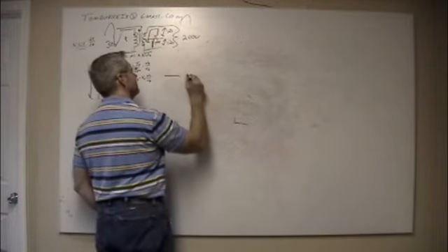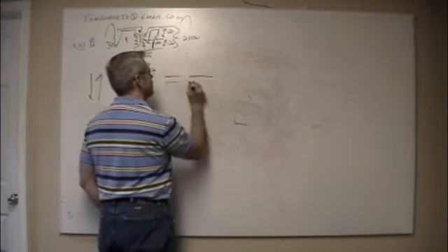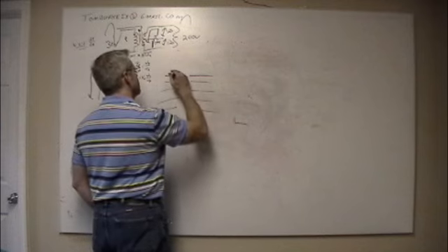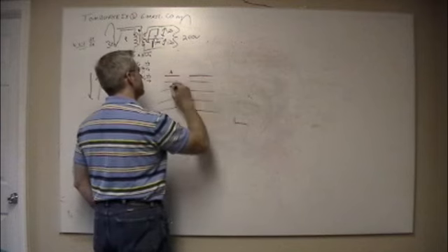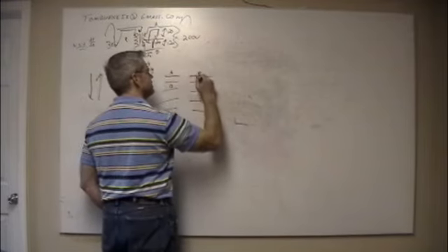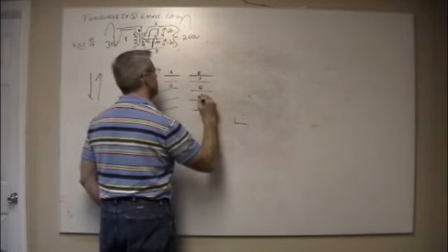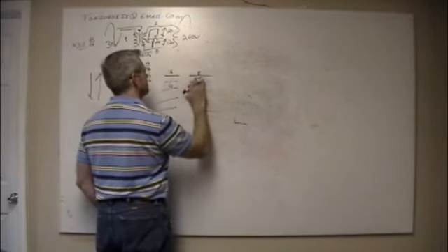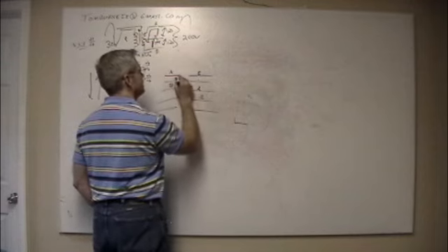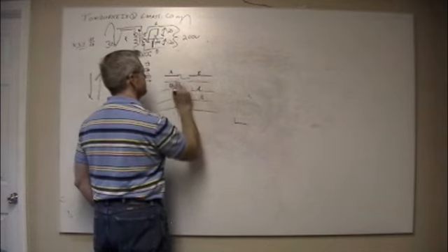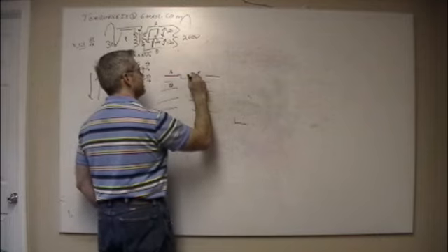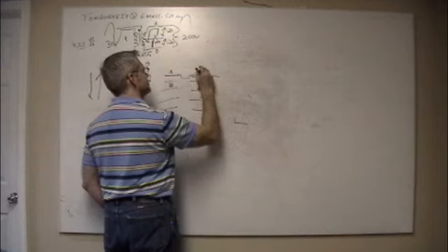This is A, that's B, that's B, that's A, B, A. They come across each other like this. So when you drop in a breaker here, that's a breaker.